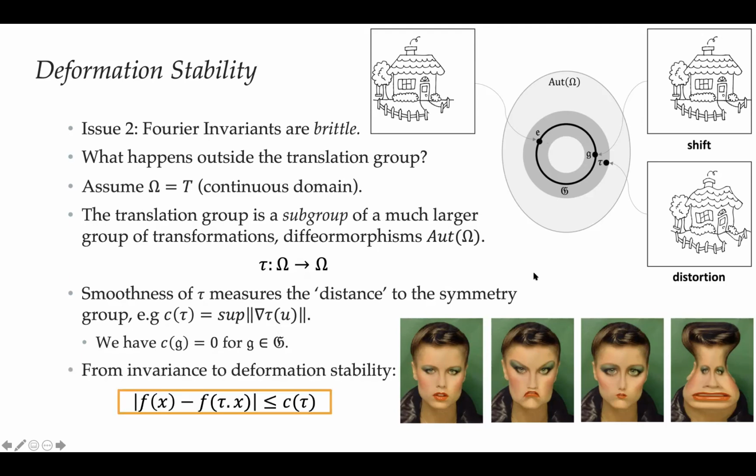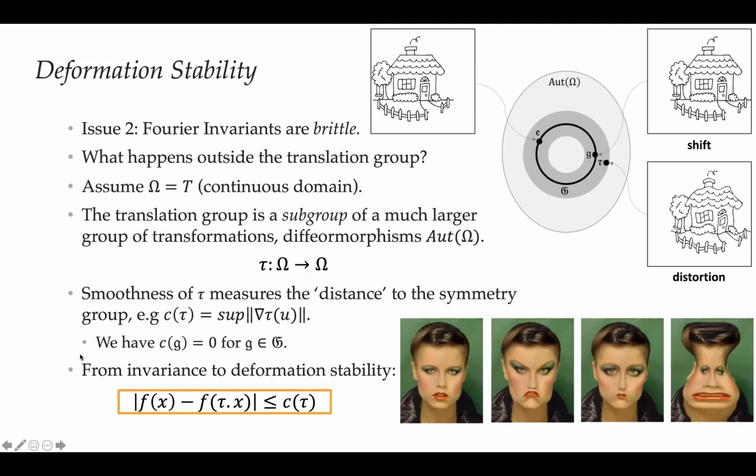This is a natural extension of the invariance prior: instead of asking the target function to be just invariant to the action of the group, now we ask it to be stable to deformations. For everything that goes outside this group, I also want to have some certain control. In particular, you can verify from this property that this condition includes the invariance property that we had before.